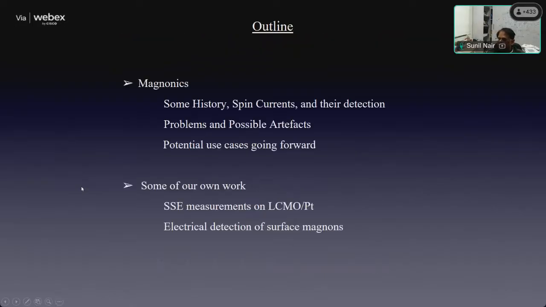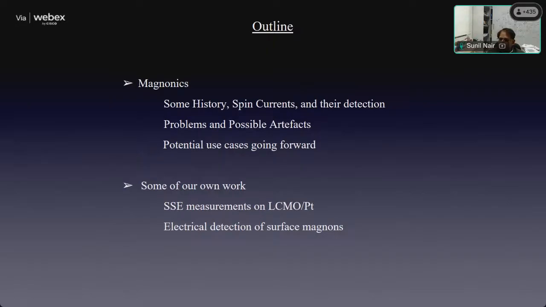And so this is the outline of the talk. I would want to basically talk about what is magnonics, some of the history associated with this area. I would want to introduce the concept of what is known as spin currents. We are all aware of charge currents when it comes to resistivity and conductivity of solids.